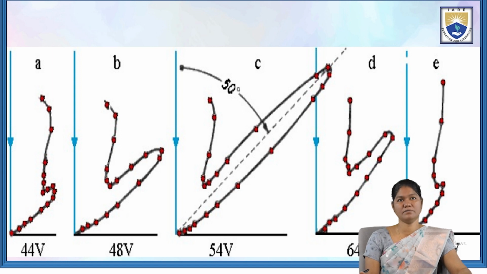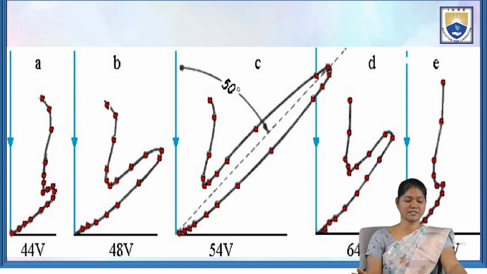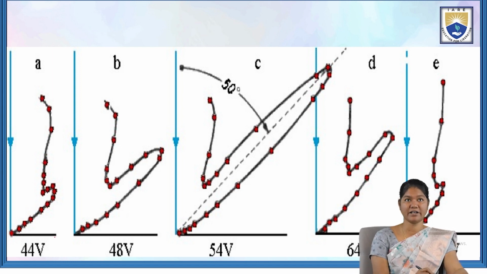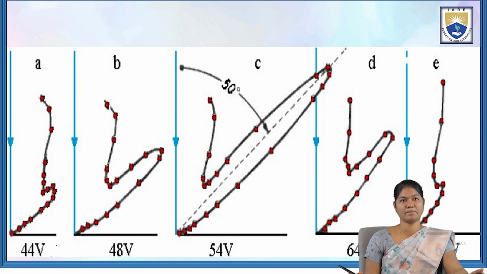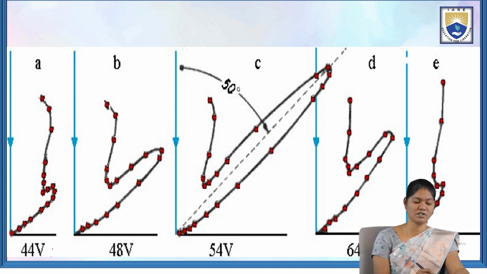At the low value of accelerating potential, 44 volts, the scattered electrons hit in this way. We can see a small bump here.